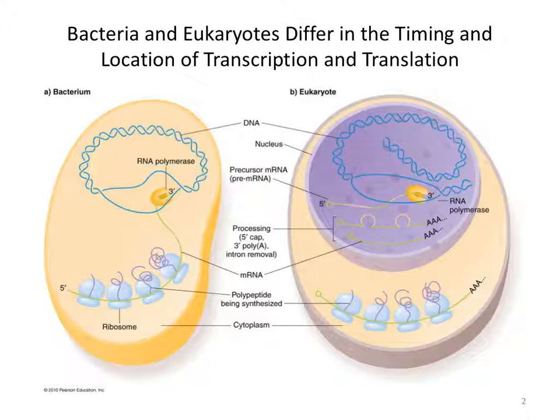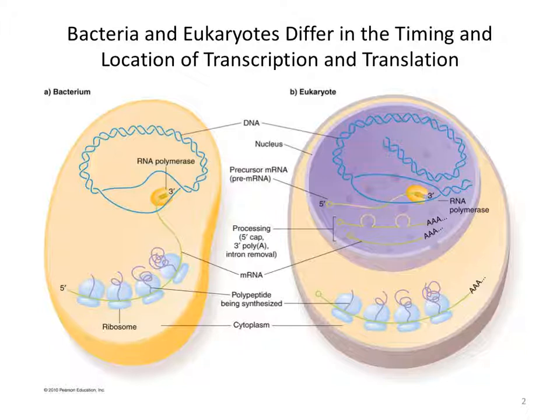Eukaryotic cells have a nucleus. Transcription occurs in the nucleus, and translation happens out of the nucleus. It's different in prokaryotic cells. Prokaryotic cells don't have a nucleus, so transcription and translation essentially happen in the same place and at the same time. In eukaryotic cells, transcription happens in the nucleus, and then the messenger RNA or the other types of RNA transcripts are exported out of the nucleus.